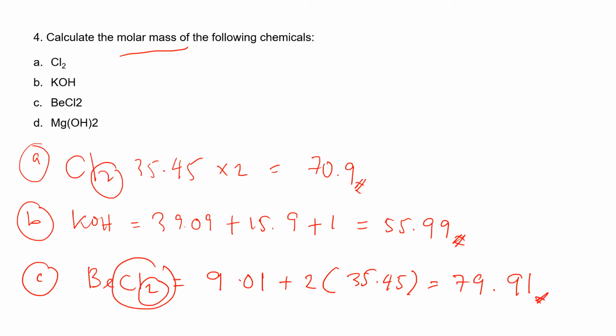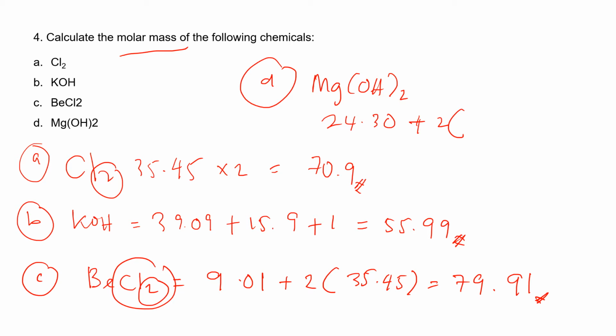Okay, and D, you have magnesium, Mg(OH)2. So the atomic mass for magnesium is 24.30 plus 2 times the atomic mass for oxygen, 15.99, plus 1 for hydrogen.